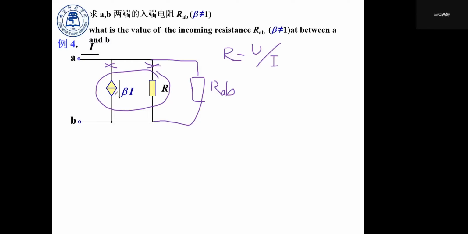In this circuit, we already know the current is I. So we would like to know the value between A and B, UAB. If we could calculate UAB and put UAB over the current, then we reach the equivalent resistance, right?